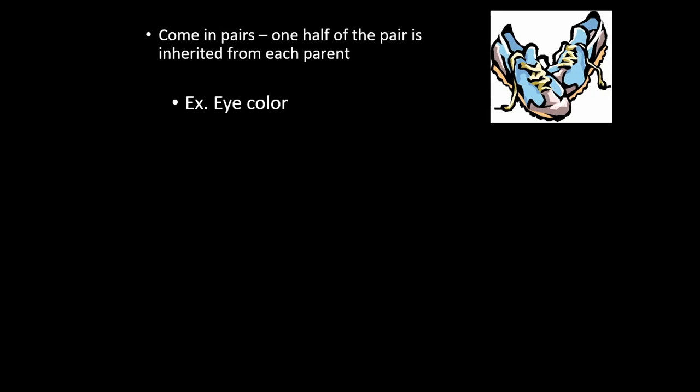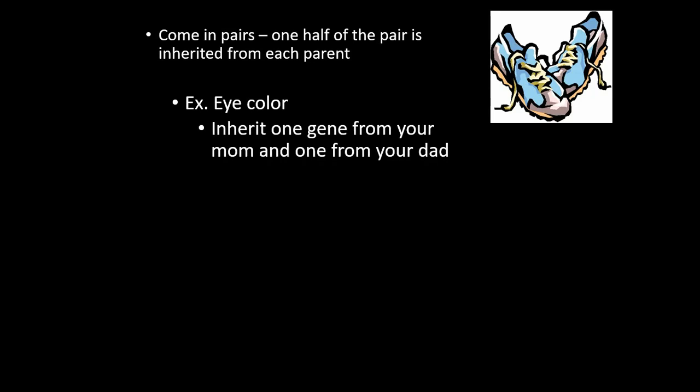So for example, if we look at the gene for eye color, you inherit one gene from your mom, and you also get one gene from your dad. Those genes are found in either the egg from your mom or the sperm from your dad.